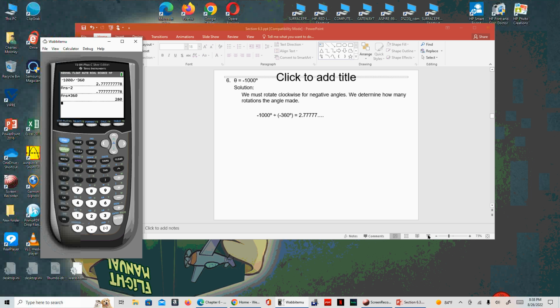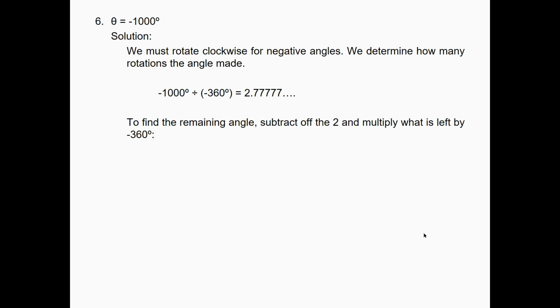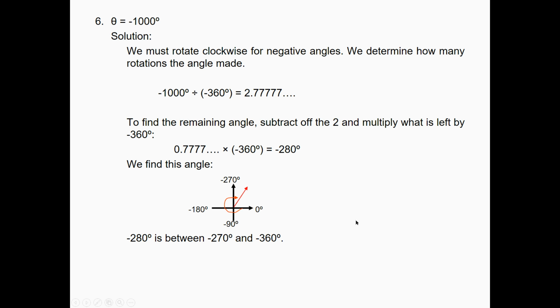Remember, technically all of this was negative, so I get negative 280 degrees. So in our picture, negative 90, negative 180, negative 270, and just a smidge more to get negative 280. So I'm in quadrant 1. So I've got a quadrant 1 angle.